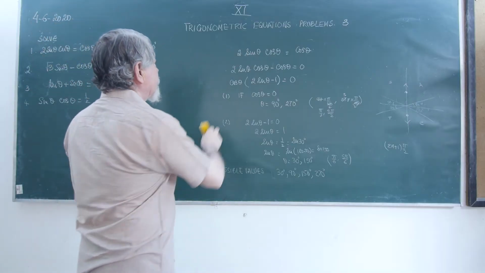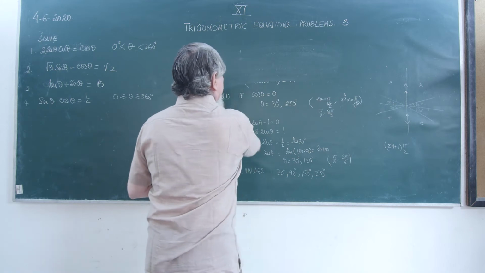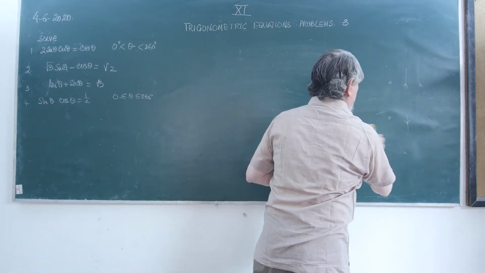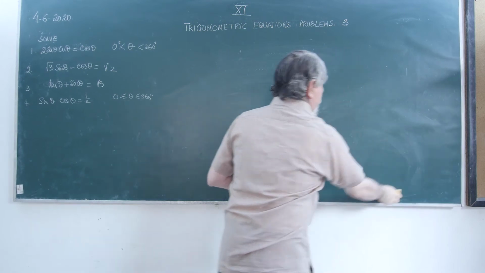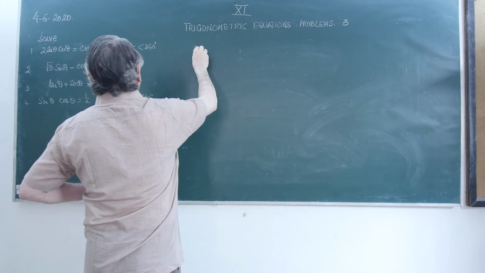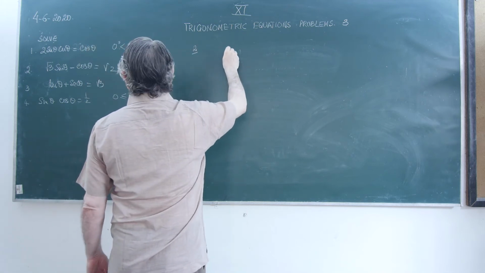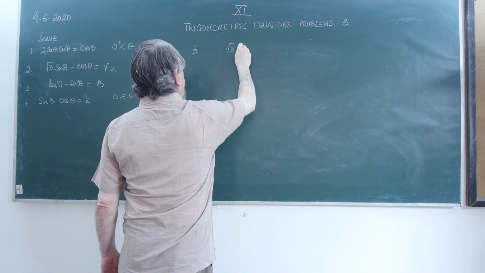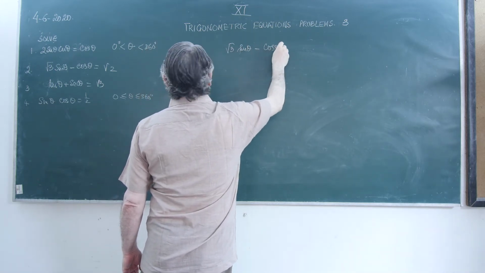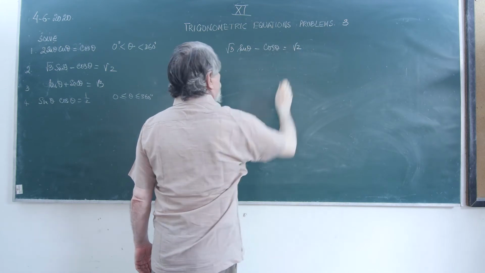Now let us look at the second question. Question number 2 is root 3 sin theta minus cos theta is equal to root 2.